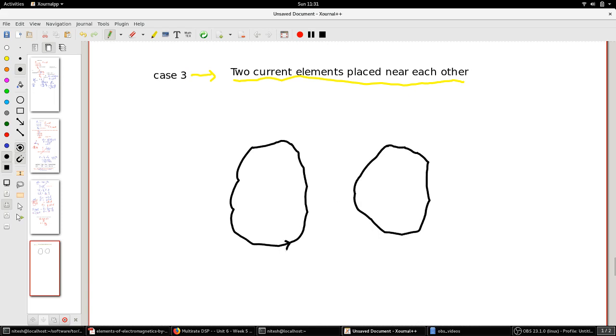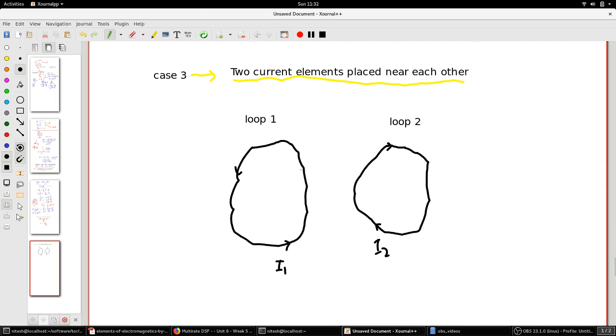Let's assume that this is loop 1, current loop 1, and this is loop 2. I1 is the current flowing in loop 1, and its direction is counterclockwise, and I2 is the current flowing in loop 2, and its direction is clockwise. Okay, so these are the assumptions we have.